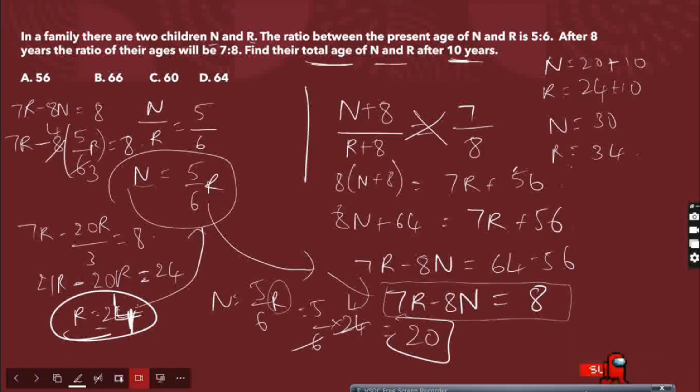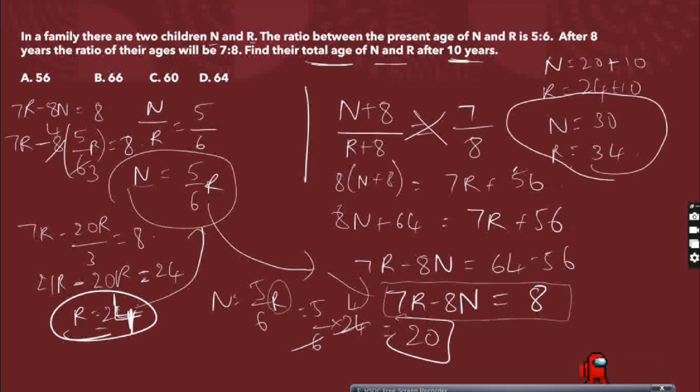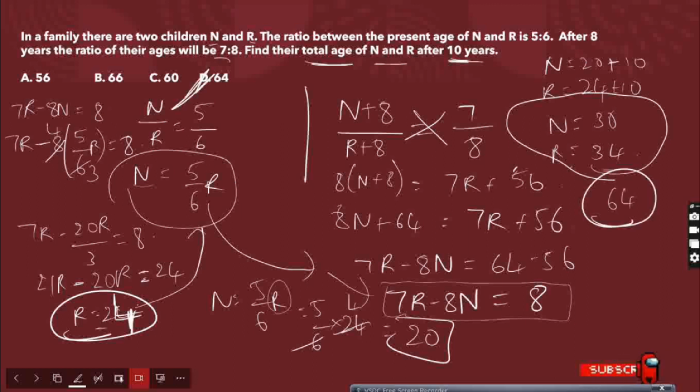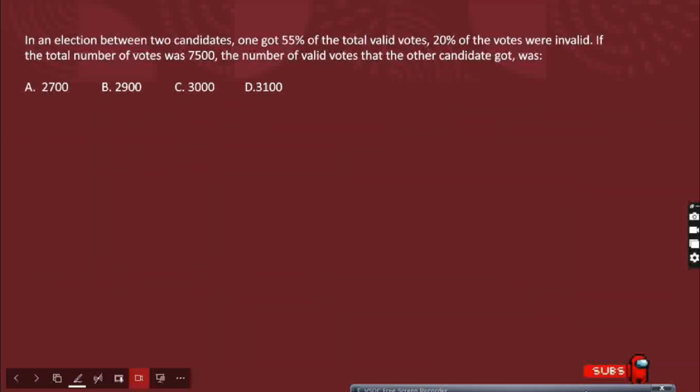So we need to add these two, and then we need to find the option. When we add these two, 30 plus 34 will give you 64. D is the option, 64. We need to find the total age of n and r after 10 years, right? Next one.